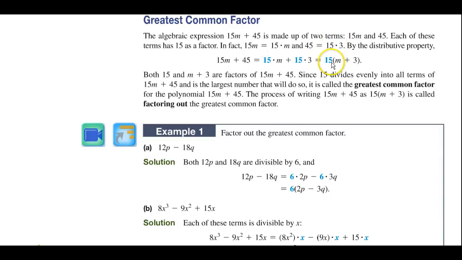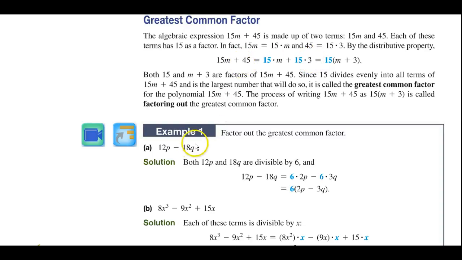And that it looks like this after we factor out that common factor. We had mentioned this before when we said we distribute this to get this, and that we will be reversing that. And this process is called factoring.